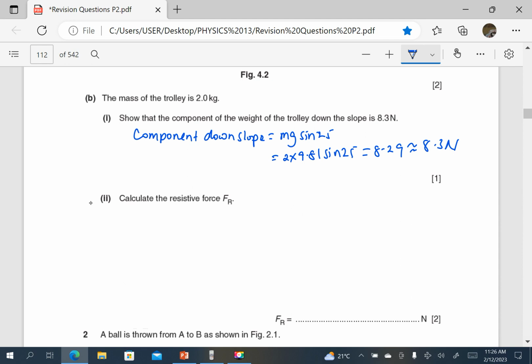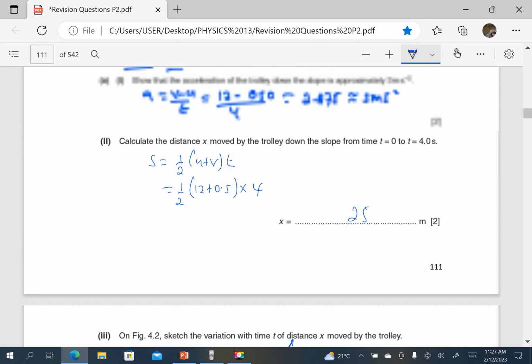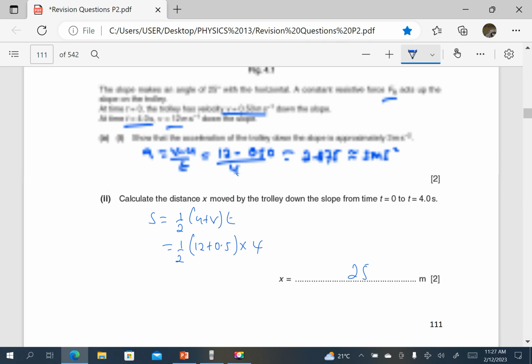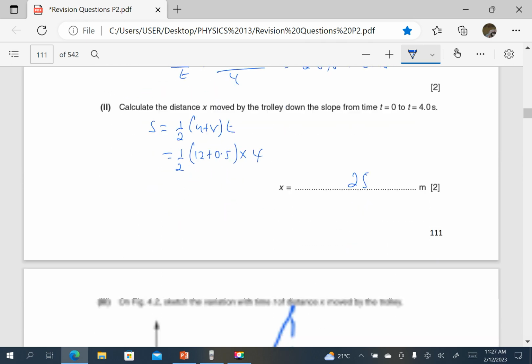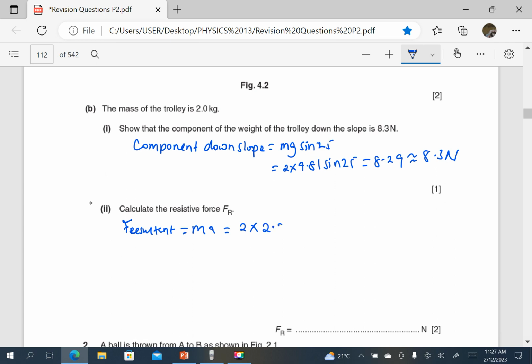Calculate the resistive force Fr. So the resultant force, we have seen that F resultant is equal to mass times acceleration, where mass is 2 and the acceleration we got was 2.875, or 2.9. That was the resultant force.